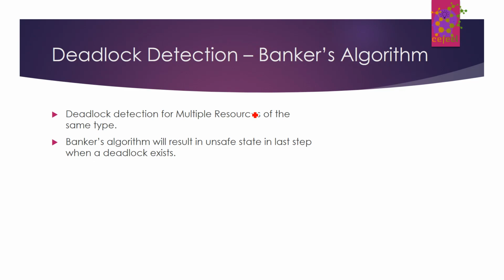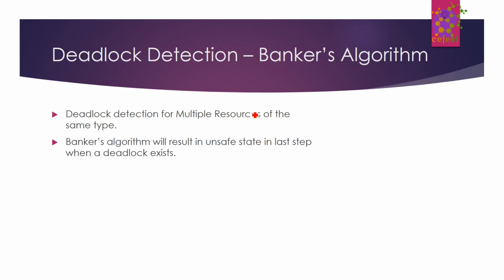Banker's algorithm actually checks for safe state and unsafe state, and in the last step it checks if all the processes are completed, or we can simulate the completion of all the processes.